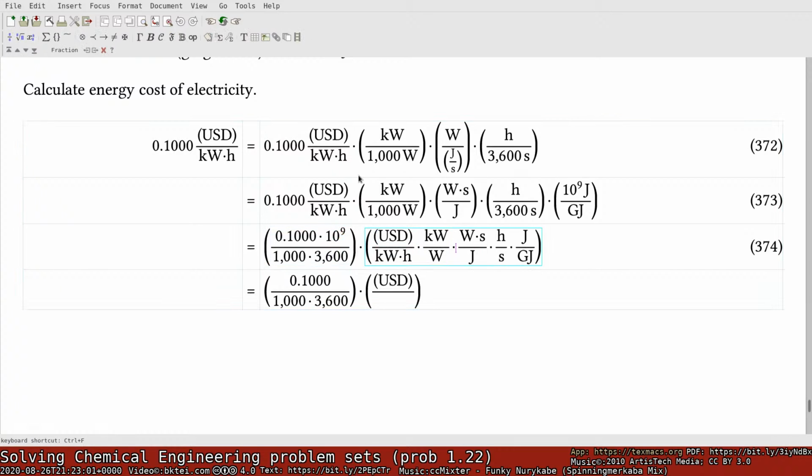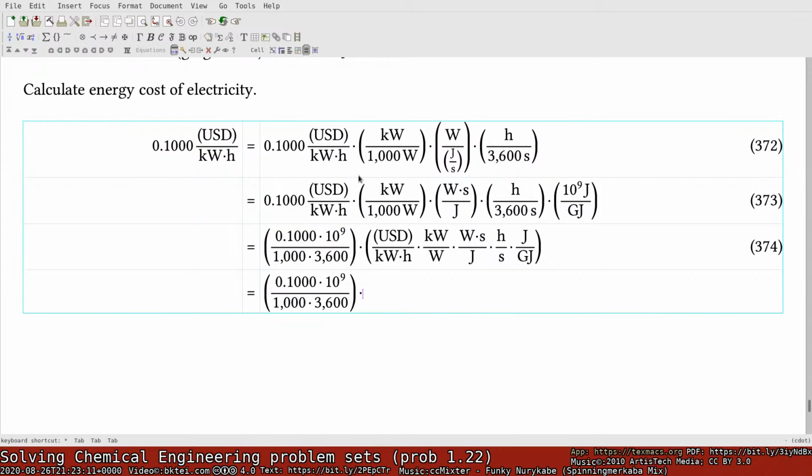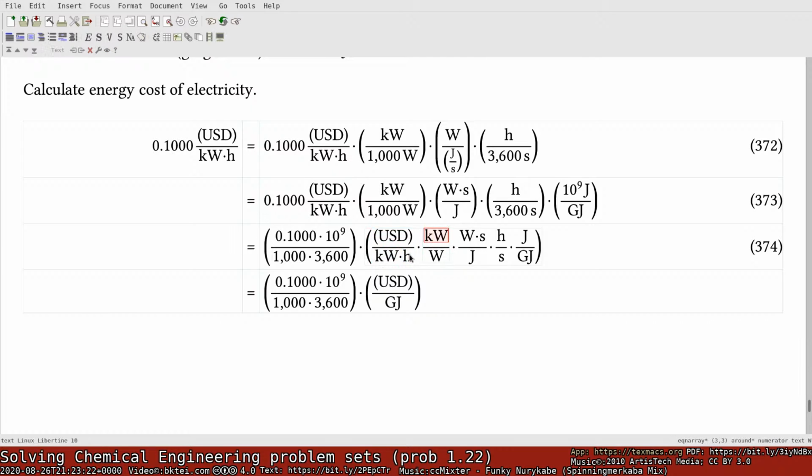To the 9. Okay, so if I'm right about that, we should just be left with USD per gigajoule. Let's see, kilowatt, kilowatt, hour, hour, watt, watt, second, second, joule, joule.